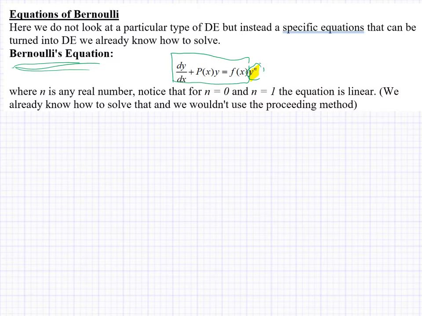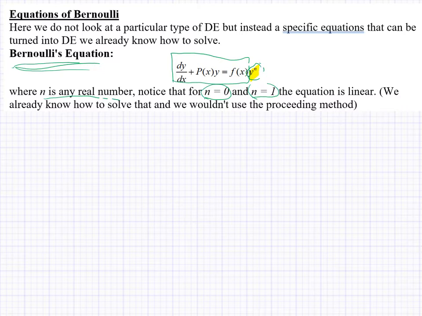n can be any real number, but we really don't look at what happens when n equals 0 or when n equals 1, because when n equals 0 or n equals 1, we would actually have a linear equation still. Obviously, with n equals 0, the y to the n wouldn't be there at all, and it's clearly linear.